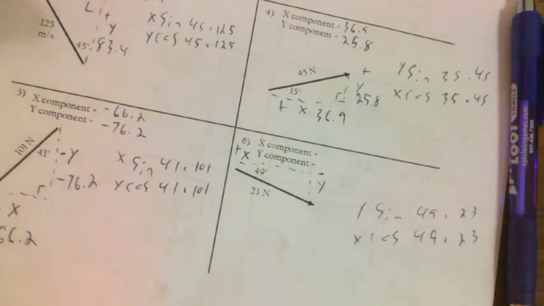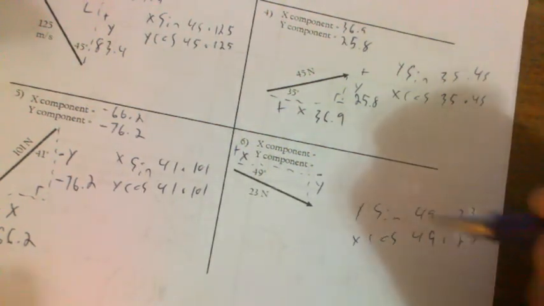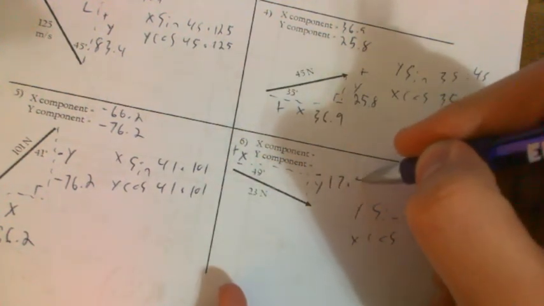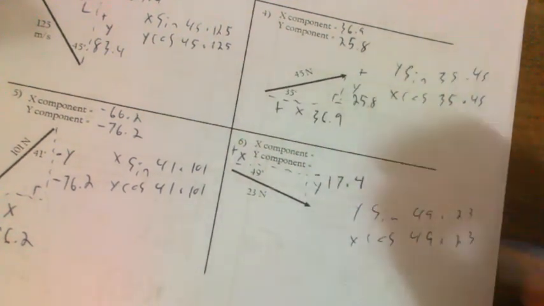So sine of 49 degrees, my calculator tells me, is 0.75. We're going to multiply that by 23. 17.4. That was our y component. Negative 17.4.